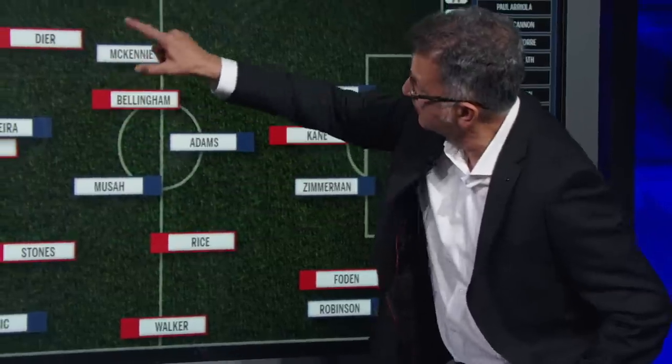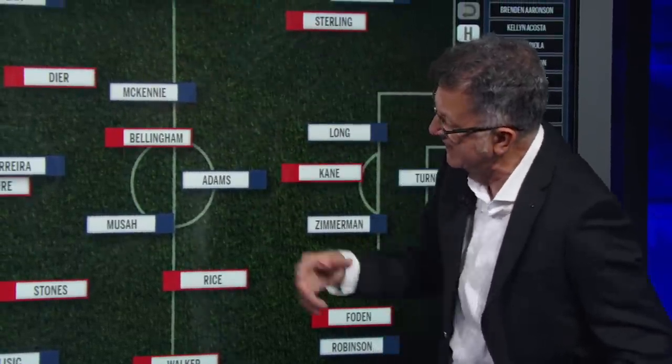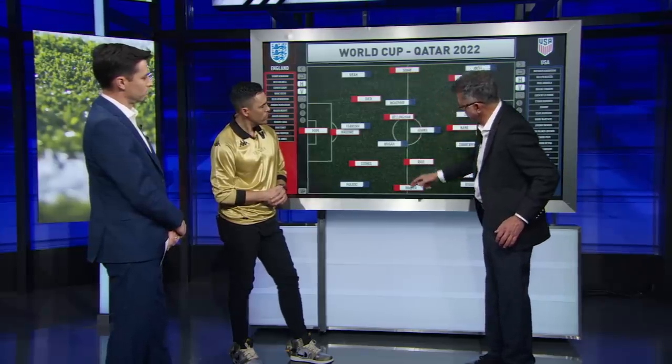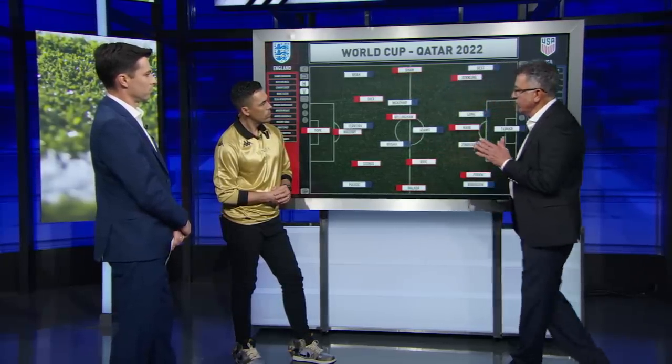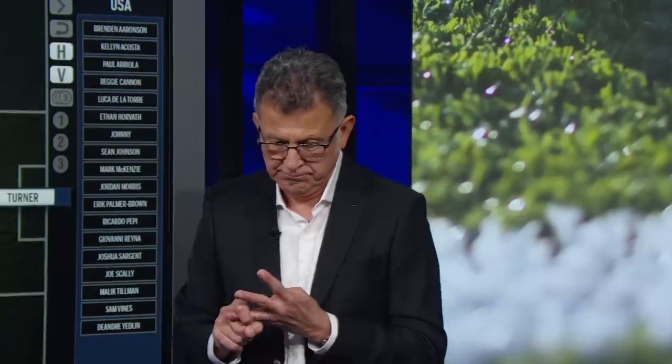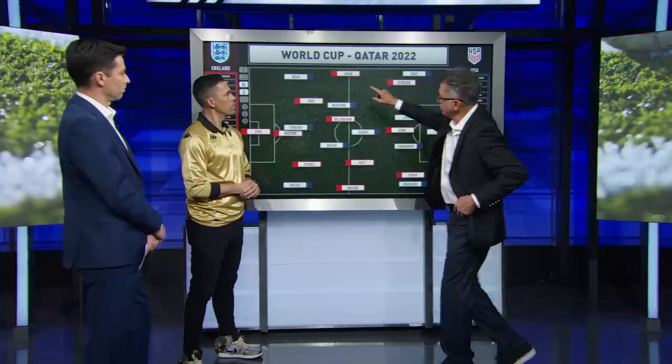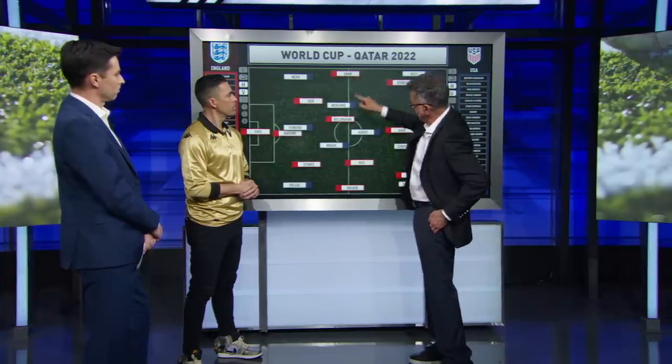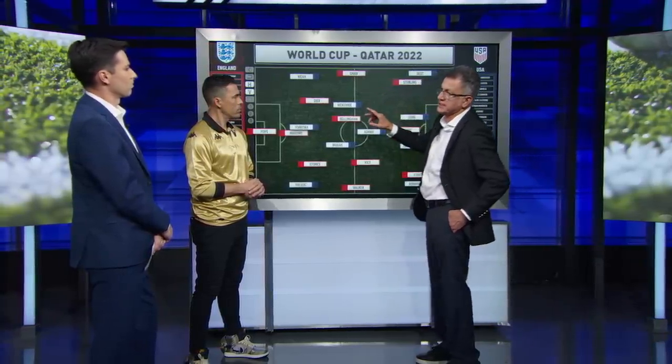Now, when you play with 3 in the back, then the key is who play outside. In the World Cup in Brazil, there were 4 national teams that played with that system: Holland, Costa Rica, Mexico, and Chile. And out of those 4, 3 play with outside midfielders that were more attacking.